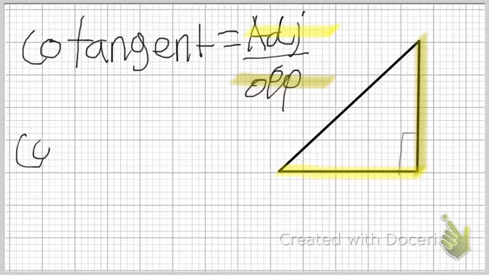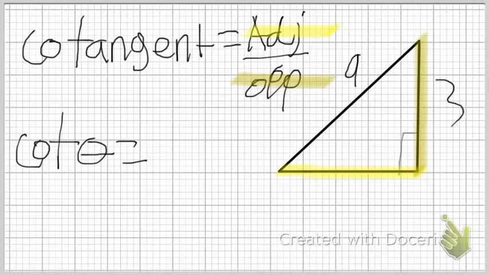So cotangent of theta. So this side is 9, 3, and 4. So cotangent of theta is this theta. It will be 4 over 3.